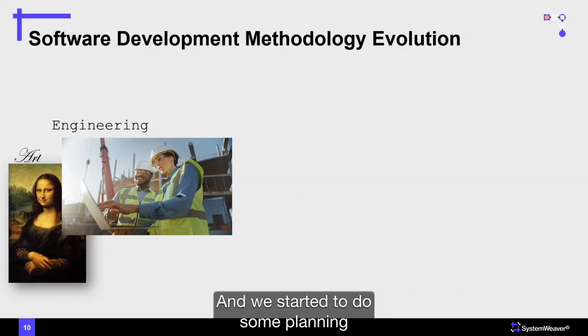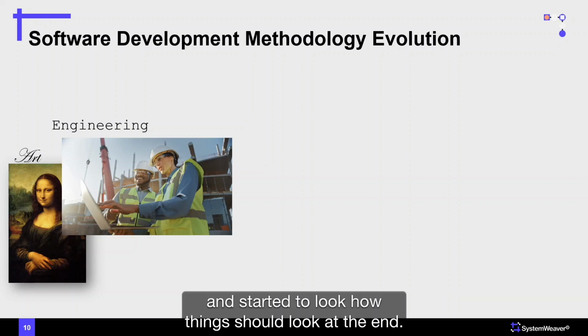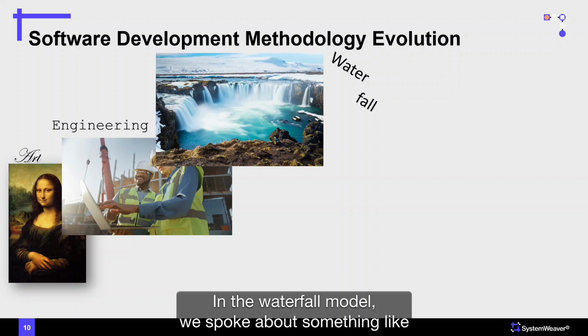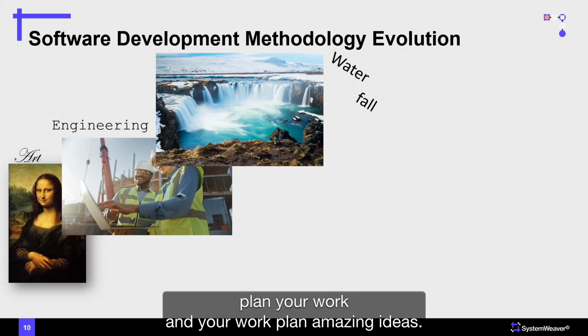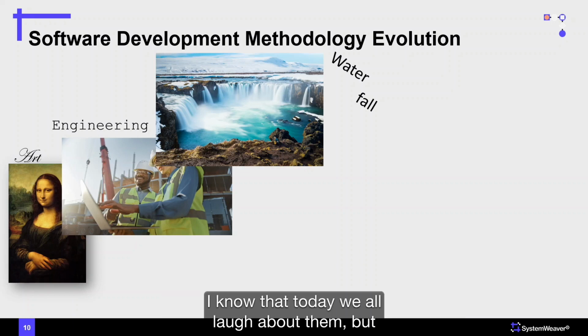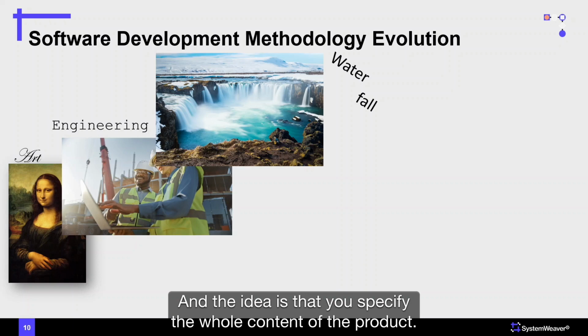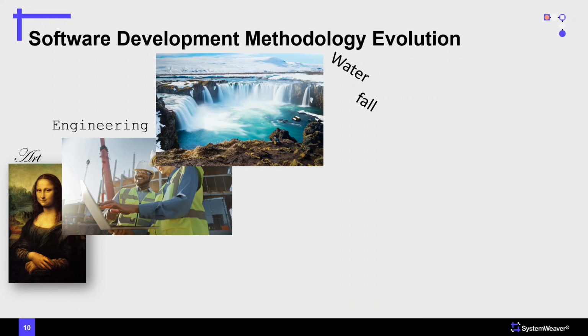And we started to do some planning and started to look at how things should look at the end. Hence, the breakthrough of the waterfall model. In the waterfall model, we said: plan your work and work your plan. Amazing ideas. I know that today we all laugh about them, but that was the best that we had in those days. The idea is that you specify the whole content of the product.